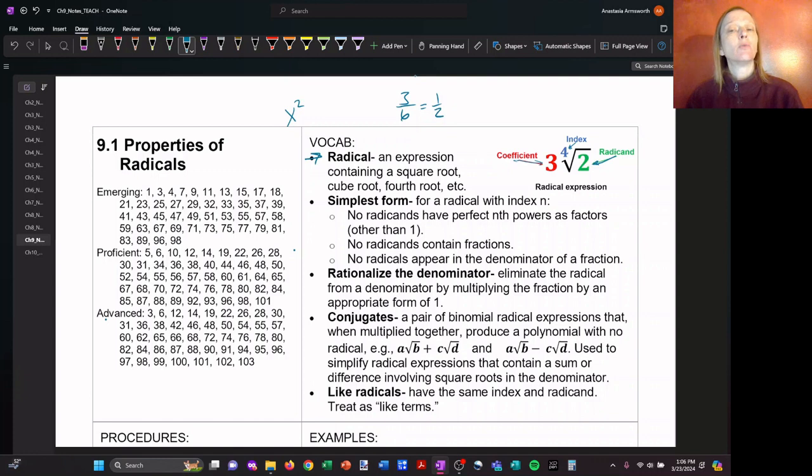You need to write it as 1/2. There's also going to be a simplest form for radicals, where there are no perfect squares underneath the root if it's a square root, or perfect cubes if it's a cube root. And it's going to be important that the radicand is not a fraction and you don't have any radicals in the denominator of a fraction.